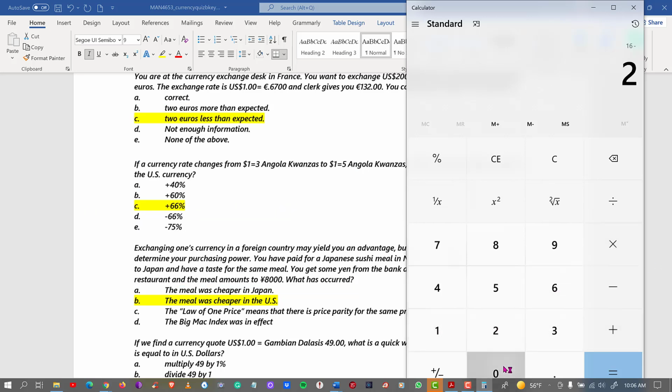Minus old, the old price is 20. You divide that by the old price, which is 20. So what this is saying is you have a 20% discount. A 20% discount. Or 1/5. 20% discount on that $20 item.